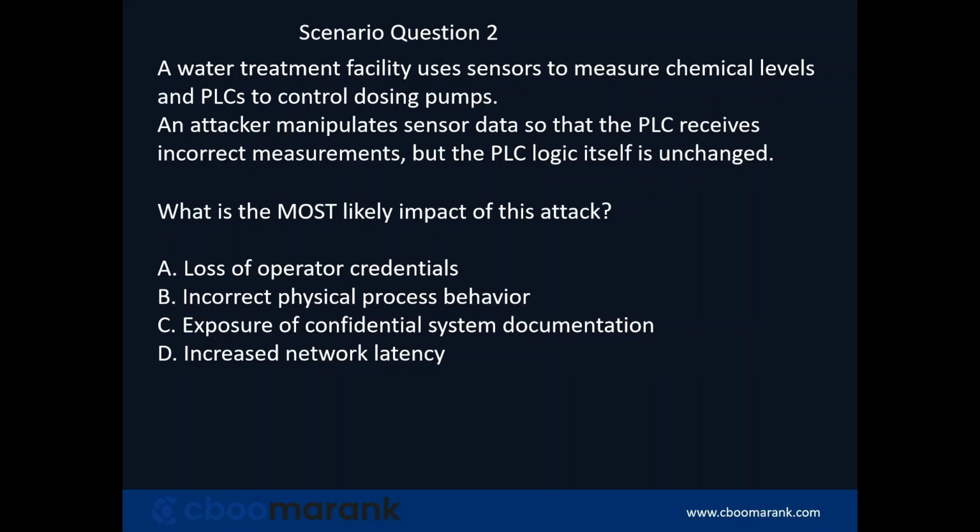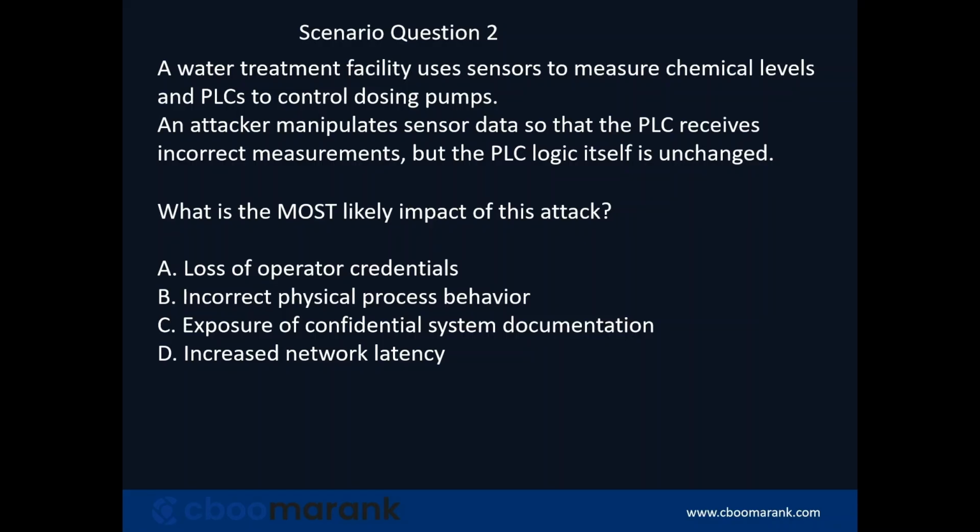Let's move to the second scenario question, which deals with a water treatment facility. It says that a water treatment facility uses sensors to measure chemical levels and a PLC to control dosing pumps.